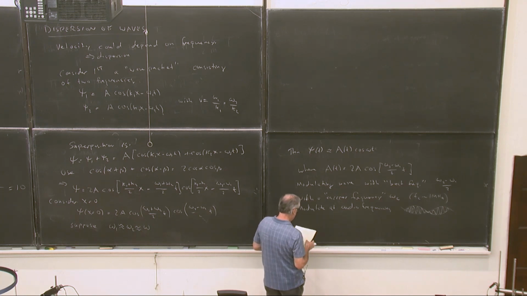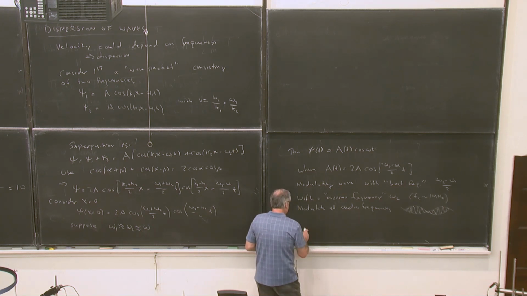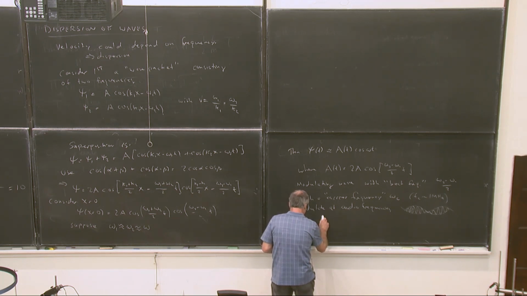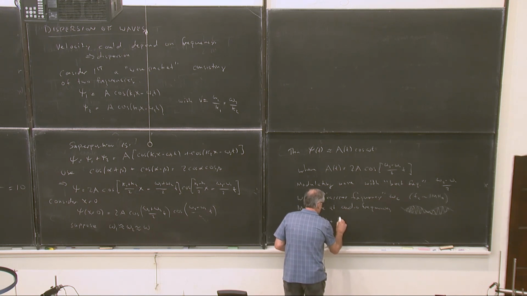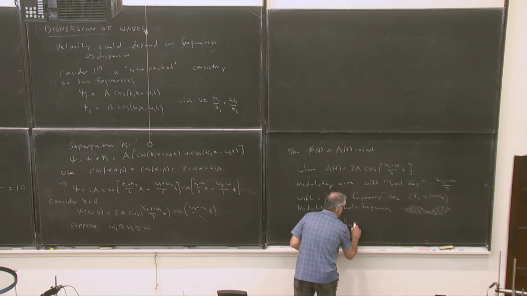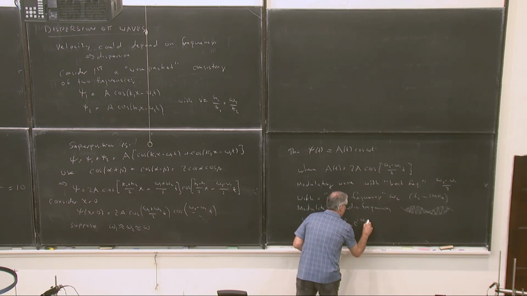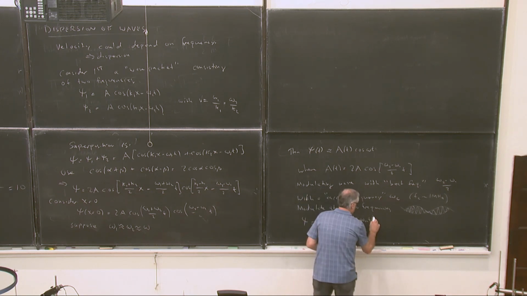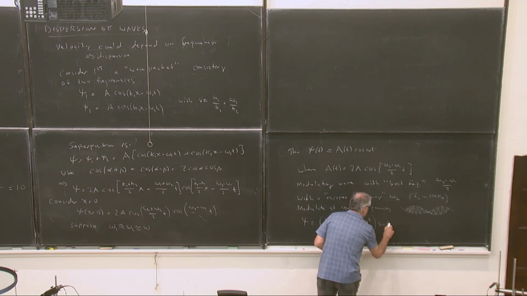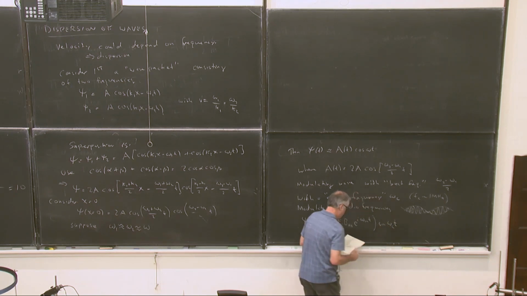We modulate this at audio frequencies, and we get psi is equal to A plus the sum over frequencies, call it over index m, of some amplitude B sub m, e to the i omega sub m t, times sine omega c t.